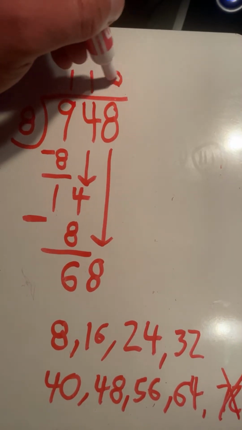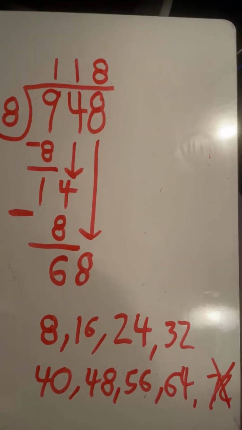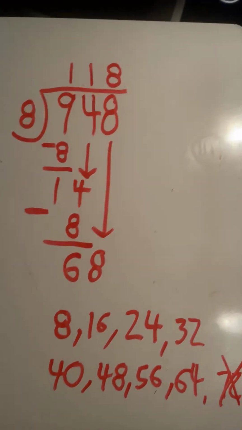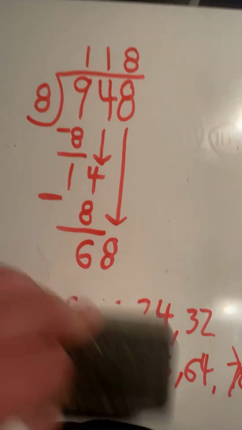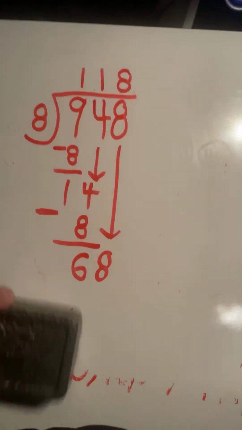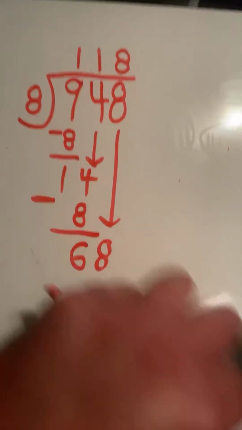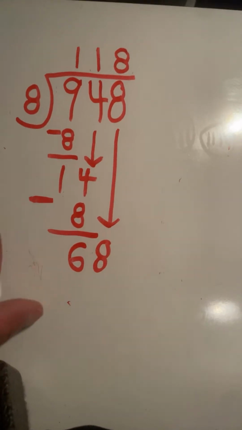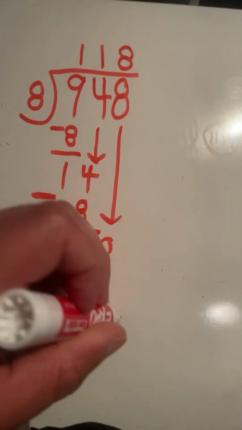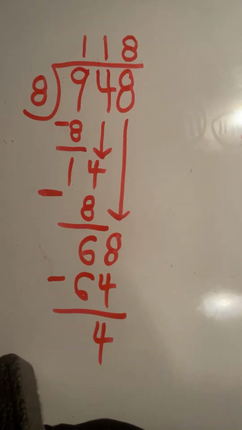Now there is a remainder there. The closest we could get to 68 was 64. So 64 is what we have to subtract to find our remainder. 68 minus 64 equals 4. So we have a remainder of 4.